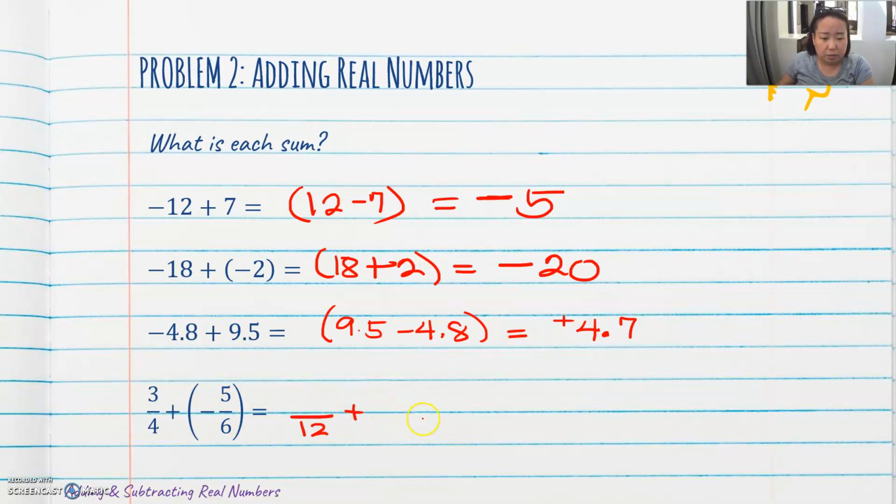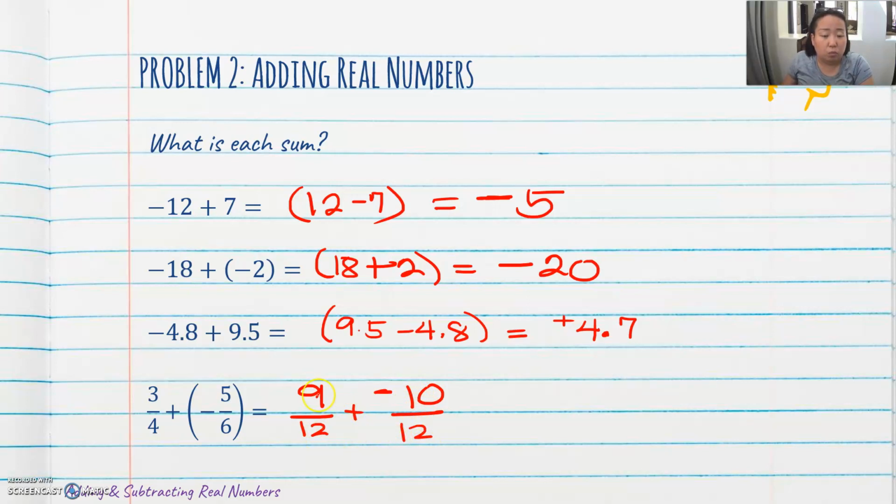So 3 over 4: 12 divided by 4 is 3, multiplied by 3 gives us 9. 12 divided by 6 is 2, multiplied by 5, that's going to be 10. So what we are looking at right now is adding 9 over 12 and negative 10 over 12.